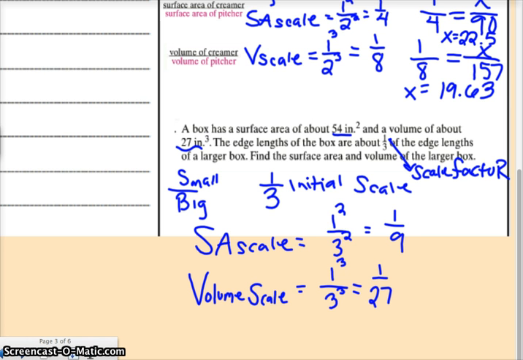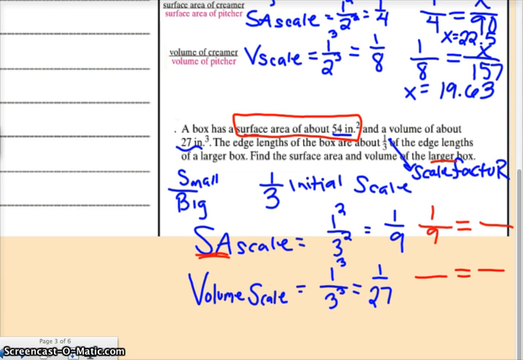Now I can create proportions on both of them. The scale is always that first fraction, the scale we figured out. And then now this is surface area. We were given a surface area of 54. Is this the small box or the big box? Small, because it says find the big.